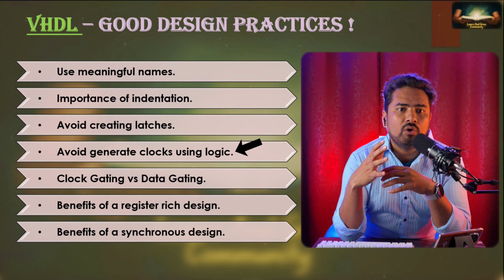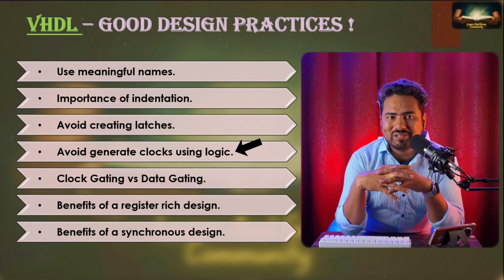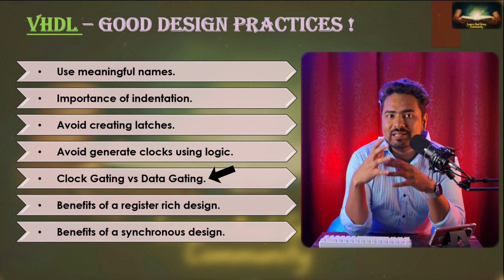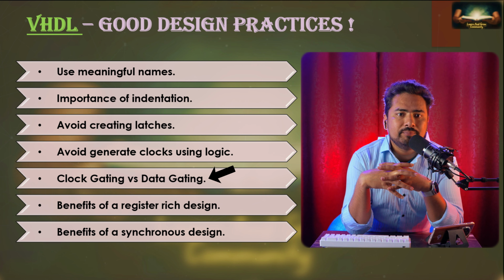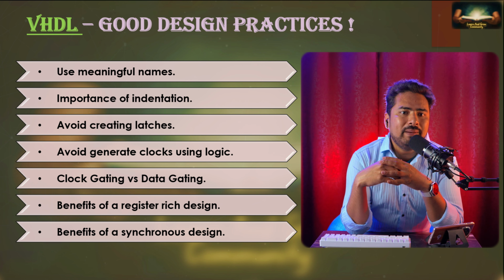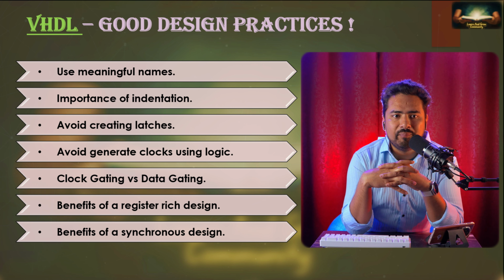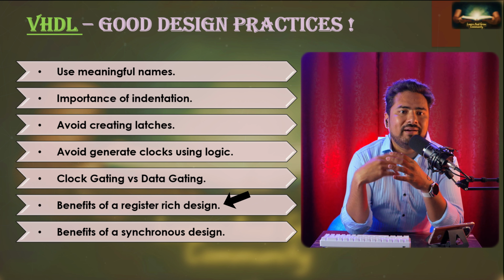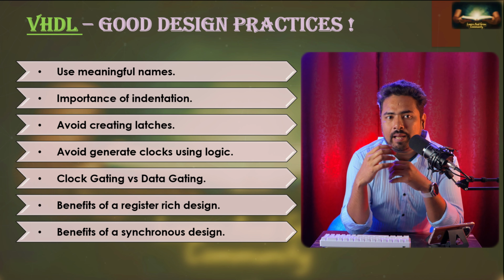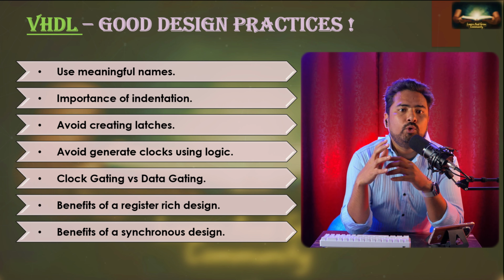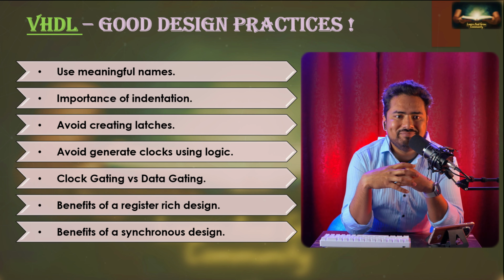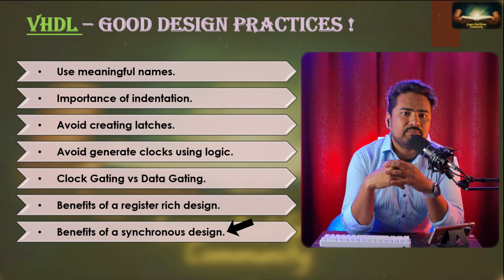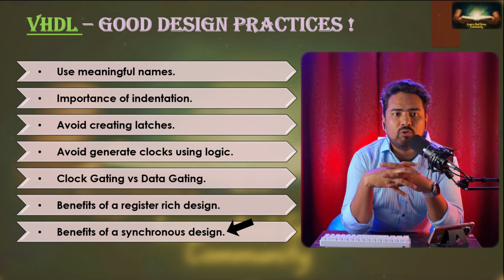Use PLLs or phase-locked loops to modify clocks. Don't add circuit elements on the clock path. Instead, write your code for the data path, like we discussed with the multiplexer example for the enable pin functionality. Use registers or flip-flops in your designs for better timing performance. Apply the pipelining concept whenever you require a higher operating frequency. Try to design synchronous circuits instead of combinational circuits for better reliability and performance.